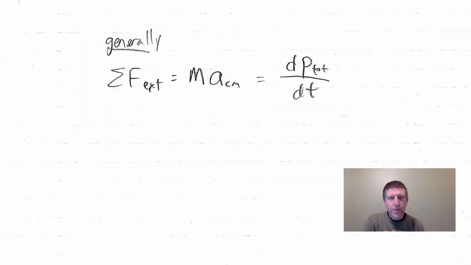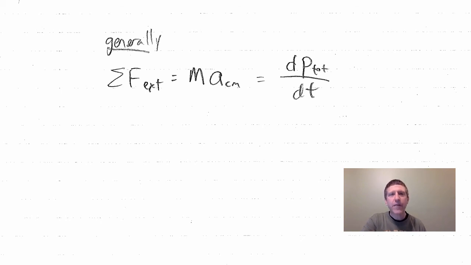And another example where the center of mass is useful is if there are many different external forces on many different parts of a system, it is still true that you can pretend that all the mass of an object is at the center of mass, and you just watch what that center of mass does.